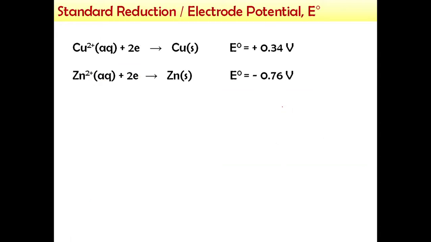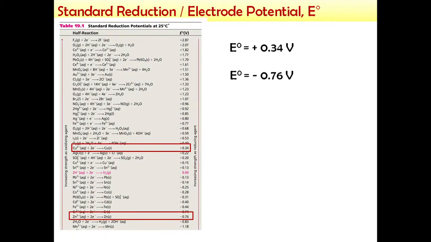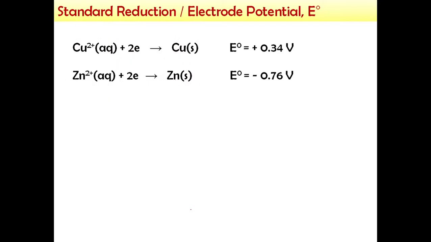Okay, jadi kalau saya ambil dua spesies, contoh untuk copper dan zinc. Okay, I pun refer kepada table ini. So for Cu, this is the SRP value. For zinc, this is the SRP value. Okay, so standard electrode potential sama juga dengan SRP, standard reduction potential sama juga dengan E0 value.